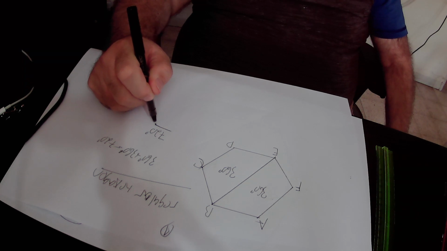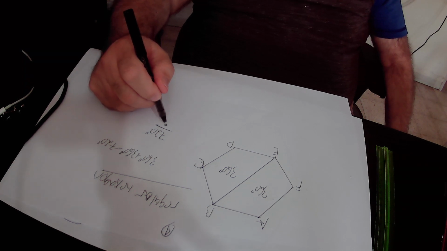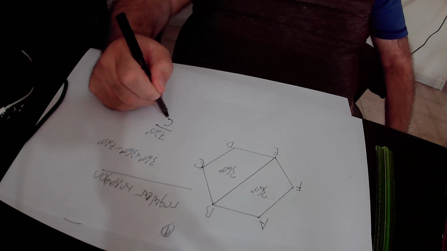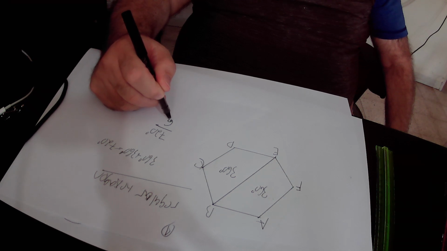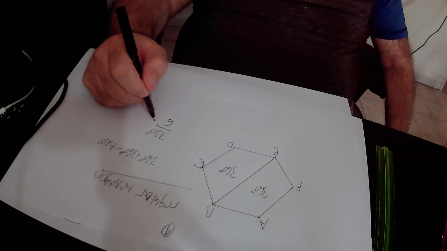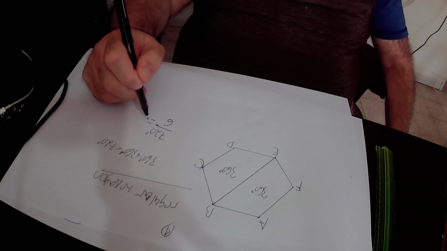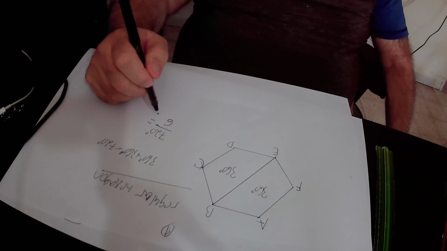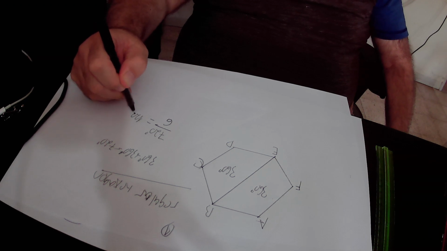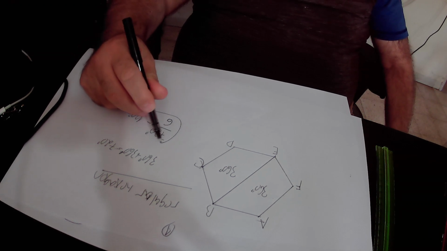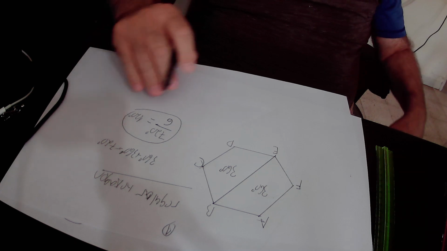Any regular hexagon has 6 angles, so the sum of the total angles over the number of angles will be equal to the size of one angle. So 720 degrees over 6 is 120 degrees. So we found that each angle in any regular hexagon equals 120 degrees.